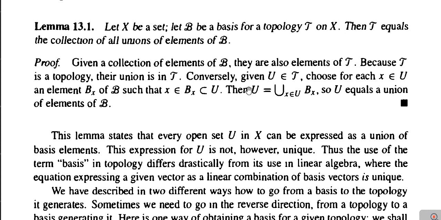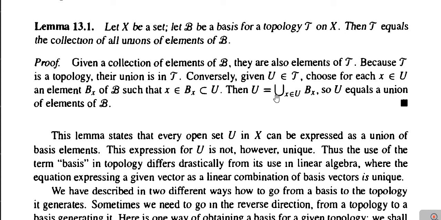Now the second implication means the converse. Conversely, if U is a member of tau, meaning U is an open set in X, then for each x belonging to U, we choose a basis element Bx of the basis script B, such that Bx contains x and is contained in U. Then U can be visualized as the union of all such basis elements Bx.